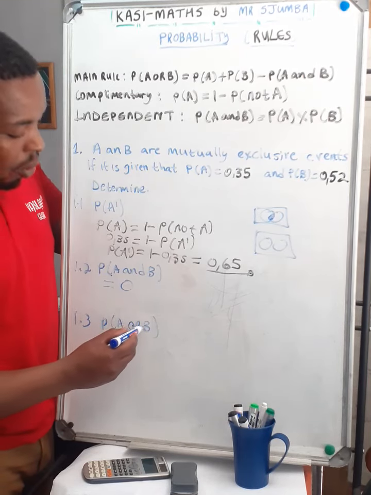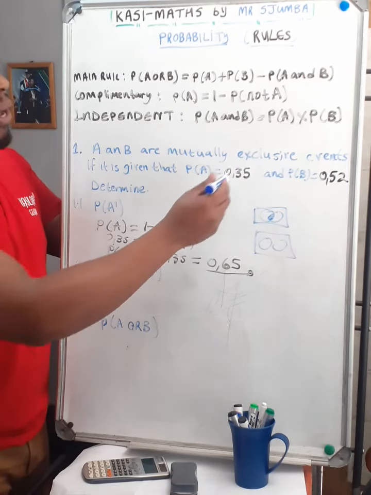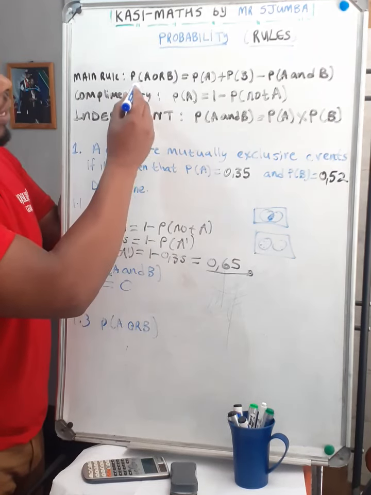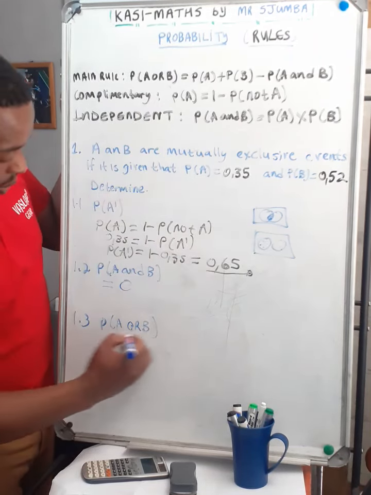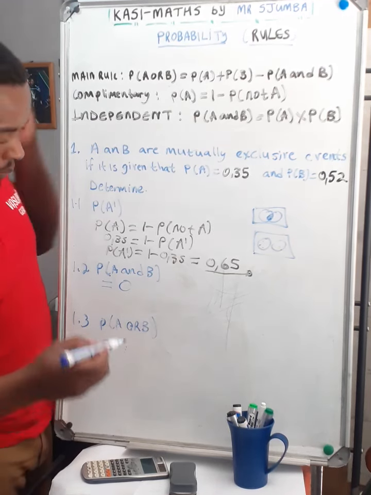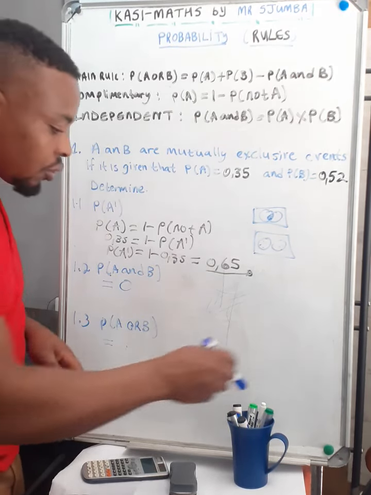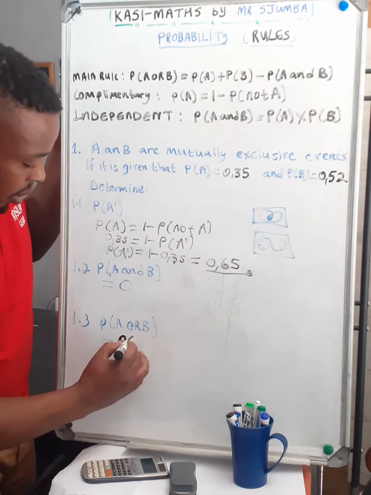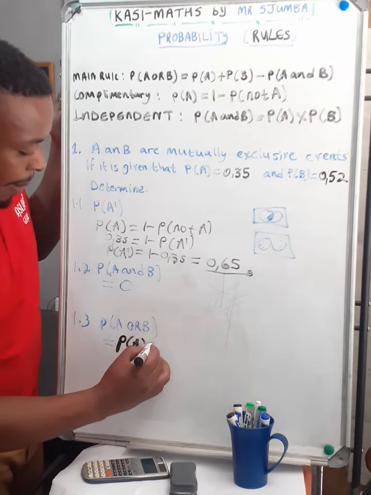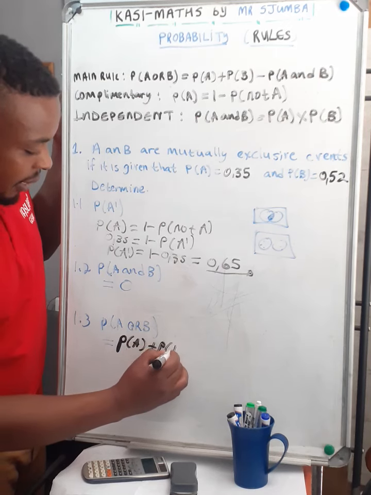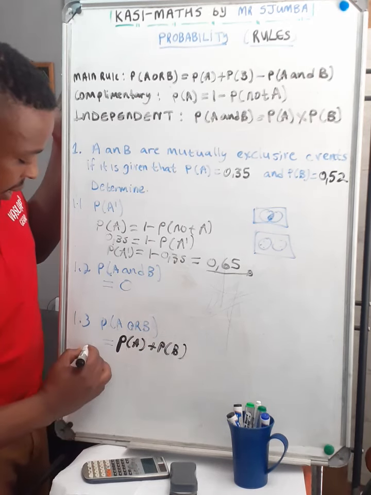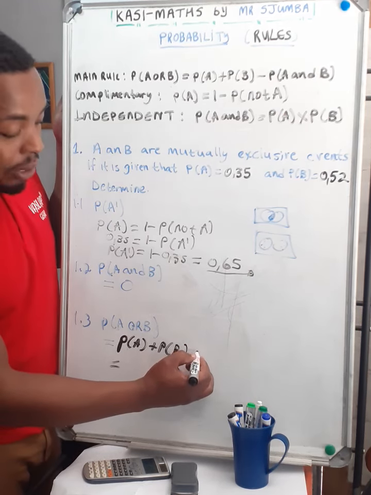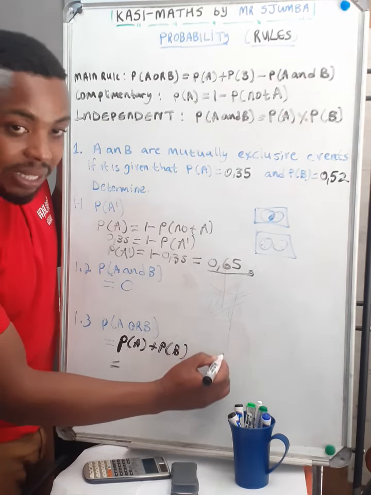Probability of A or B. Now we're looking for A or B. So the probability of A or B will equal what? It will equal the probability of A plus the probability of B only, because it's going to be minus 0.